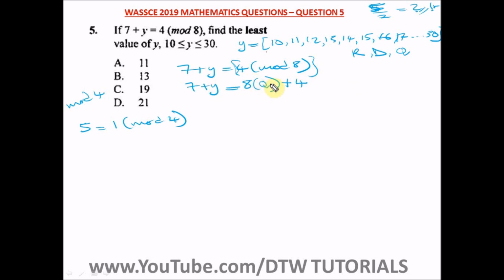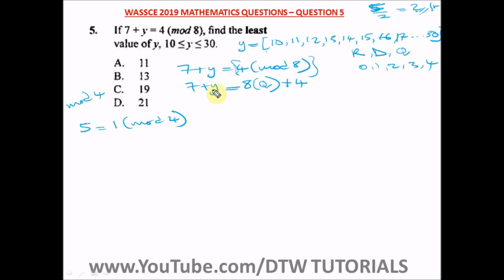All right, so from here, for us to get our values of y, we'll just assume that q, our quotient, would be an integer, from 0 to whatever number: 1, 2, 3, 4. So I'm putting these numbers into this particular equation, make q any of these numbers, and solve for y. Are you following me?